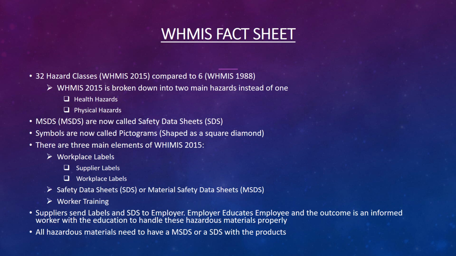Suppliers send labels and safety data sheets to the employer. The employer educates the employee, and the outcome is an informed worker with the education to handle these hazardous materials properly. All hazardous materials need to have a material safety data sheet or a safety data sheet with the products.